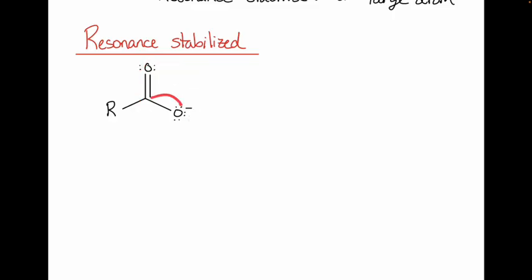This negative charge can be bounced between those two oxygen atoms, making this a pretty crappy base, but a good nucleophile because of that net negative charge. All right, another example is the cyanide ion.